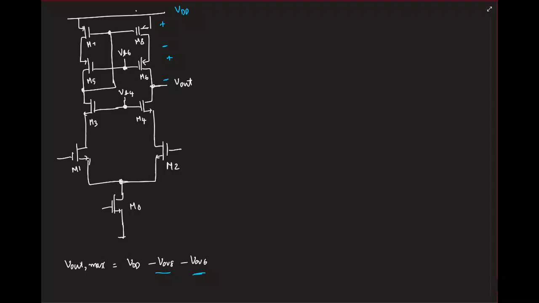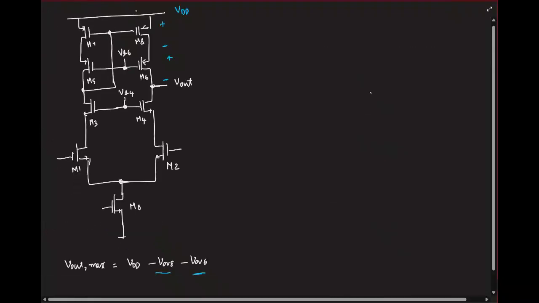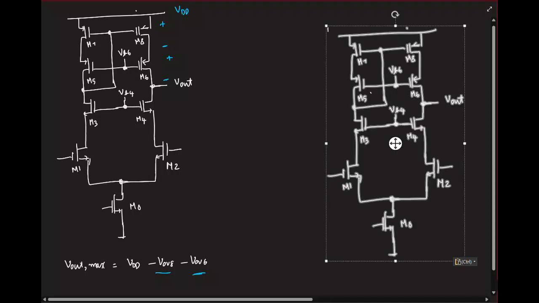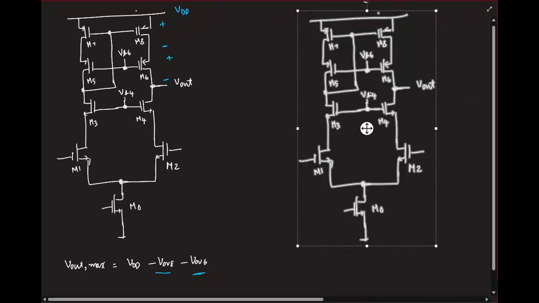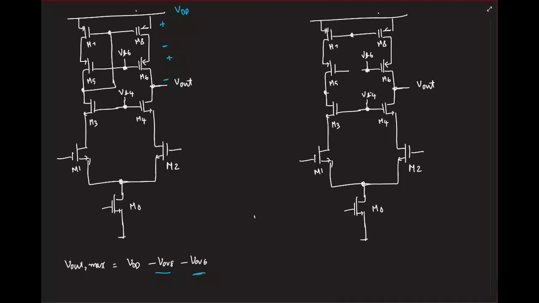Okay, great. So a couple of fine points I want to make. If you recollect, the way we came to the circuit was this: we started from this, and then we said we'll try to generate this gate voltage, and that we wanted to do as follows.